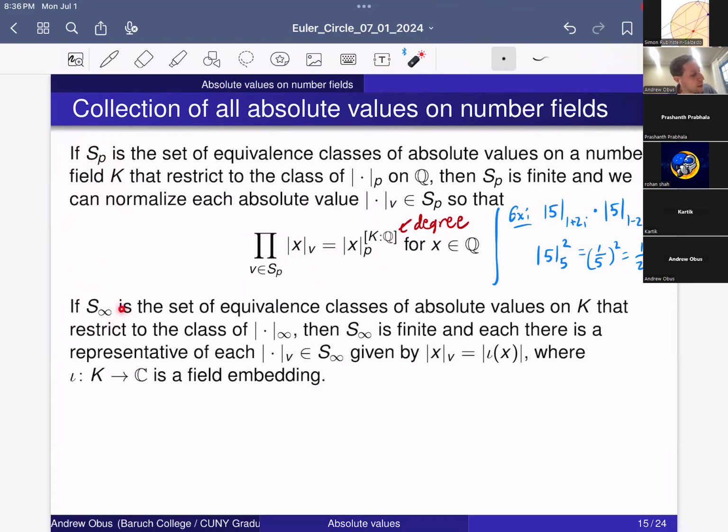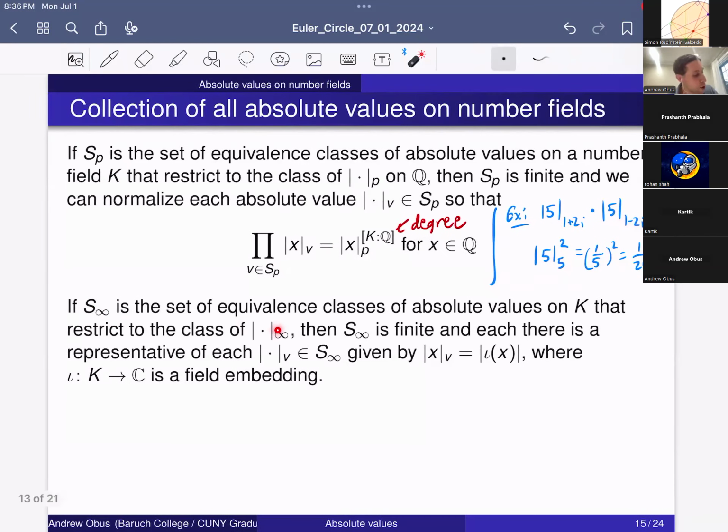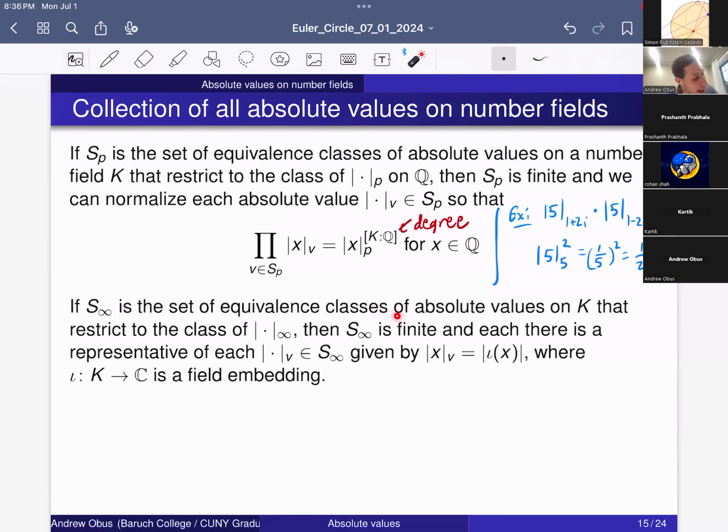If I now do a similar thing with the set of all the absolute values on K that restrict to just the class of the standard absolute value, then again, this is finite, and there's a representative of each one. It's not exactly parallel: what should the absolute value of some number in your number field be?